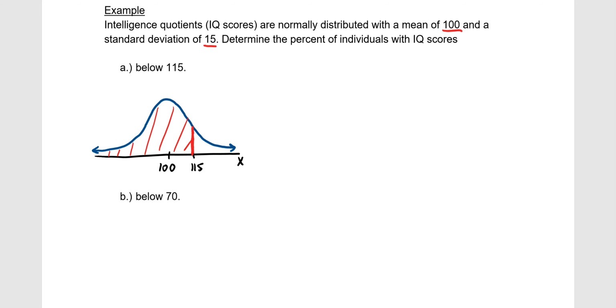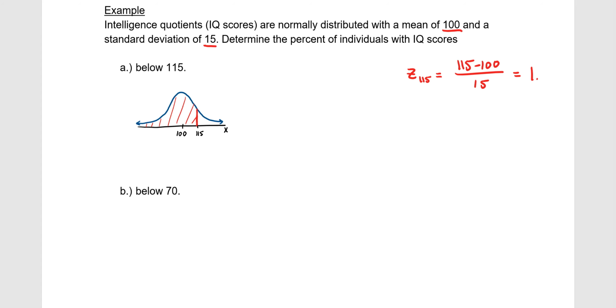So what this means is we have to find the z-score for 115 and then find the area to the left of that z-score and change it to a percent. So the z-score for 115 is going to be 115 minus the mean divided by the standard deviation. That's going to give us 15 over 15, which is 1. So what we could do here is we could draw out the standard normal curve, which let me just shrink this other curve.